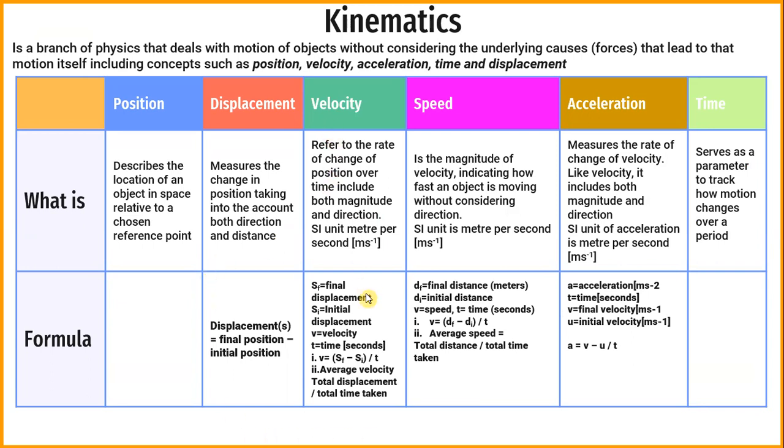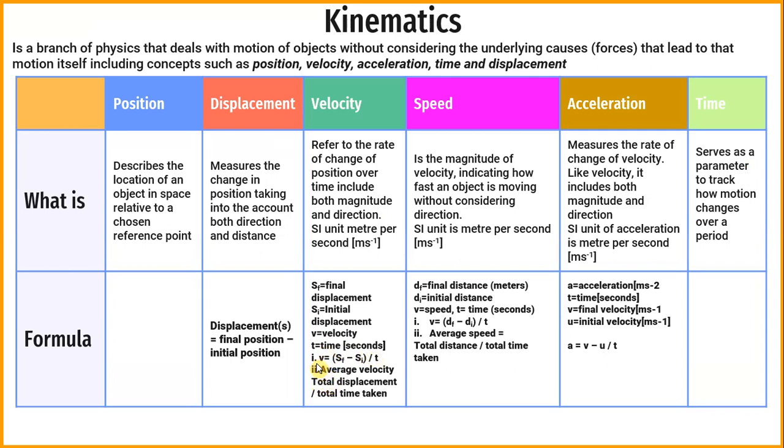The formula for velocity: SF refers to final displacement in this context, SI refers to initial displacement, V refers to velocity, T refers to time in seconds.